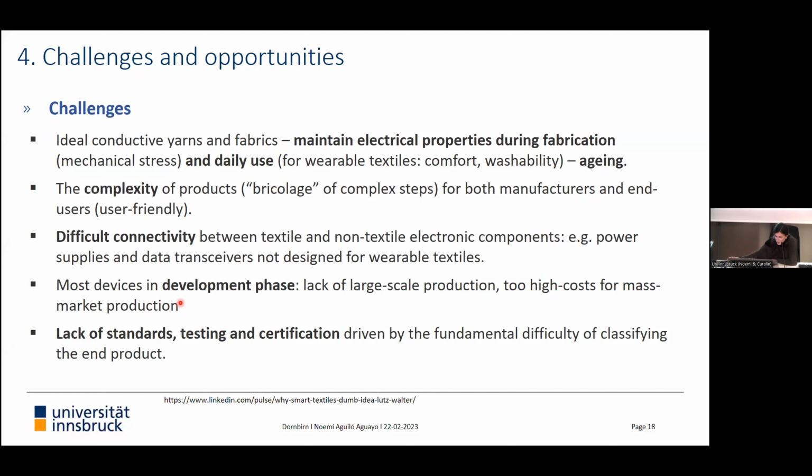And most of the devices are in this development phase. So they don't reach the market, maybe because of the lack of large-scale production, or too high cost for mass production. So these are things that we need to consider when a conductive textile is developed.